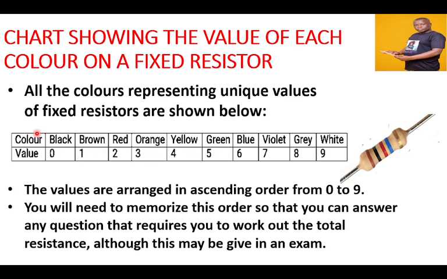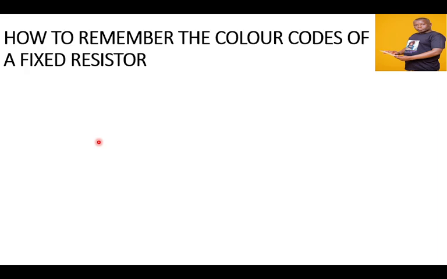All right, each color code represents a unique number. So how do you memorize? How do you remember the color codes of a fixed resistor? How can you remember all the colors in order of their occurrence?